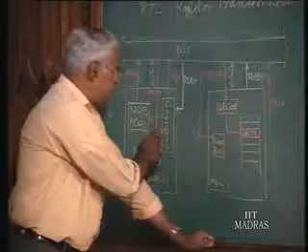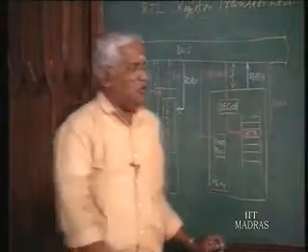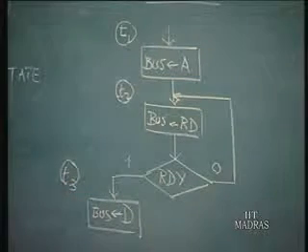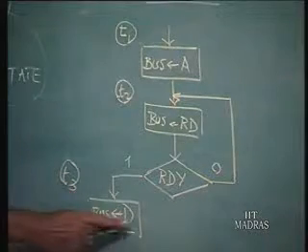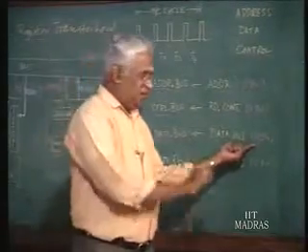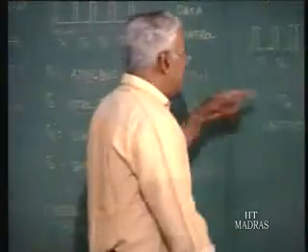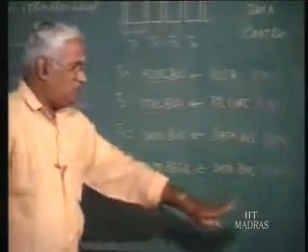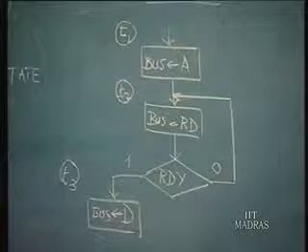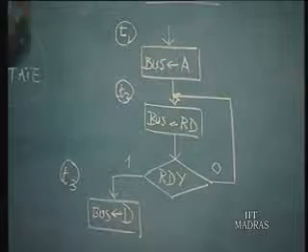Actually, the controller is not concerned with that. The controller will only see to it that it keeps waiting, it will not go to the next one. So this is purely a memory activity. The CPU is only waiting for that, and then once the processor goes to state T3, the next is T4.